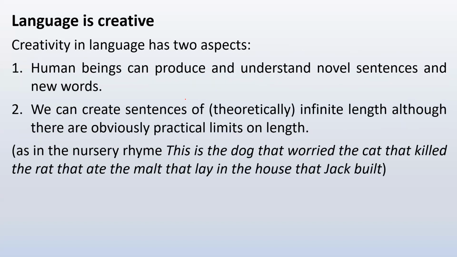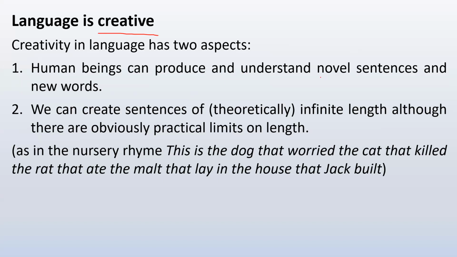Right. And there's another aspect of language which we call creativity. You say language is creative. So you need to understand what we mean by creative here. Creativity in language has two aspects. Human beings can produce and understand novel sentences and new words.